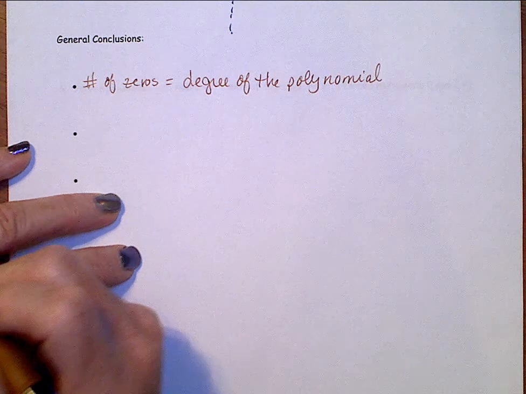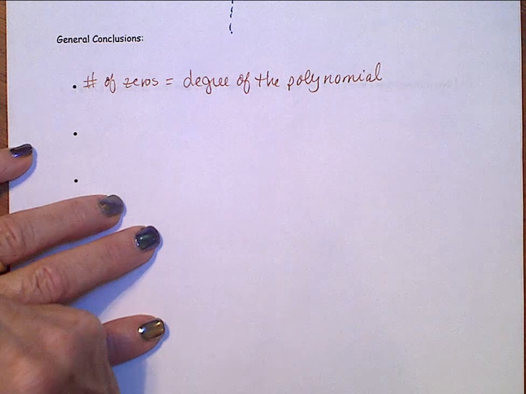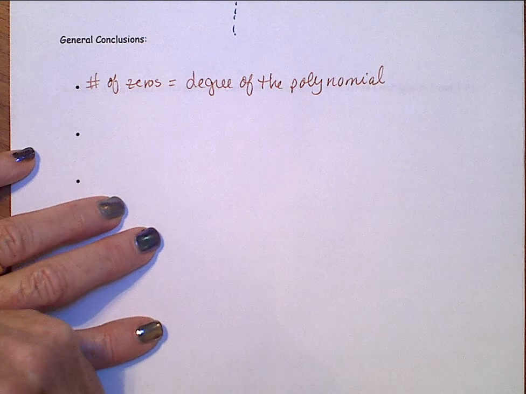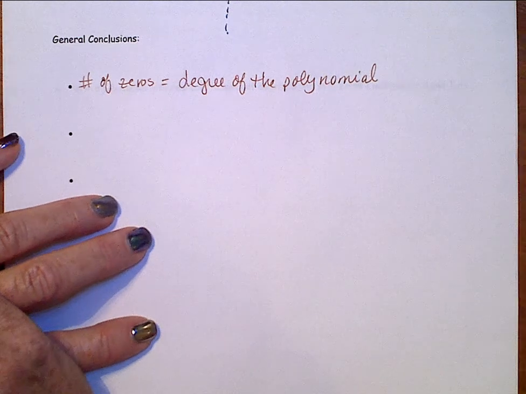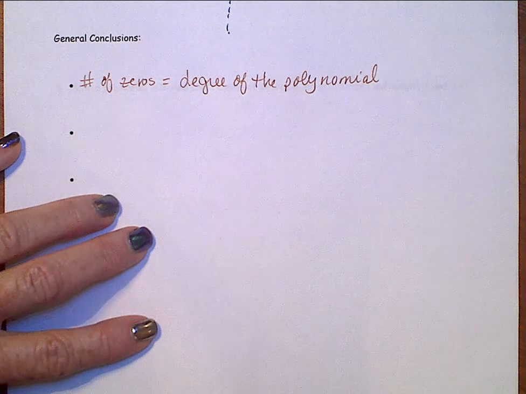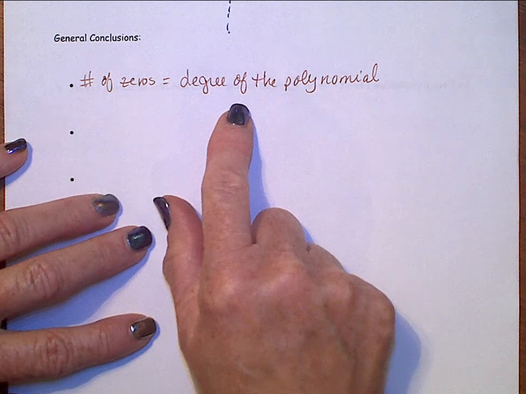So a degree 3 is going to have 3 zeros. Now, they could be 3 different zeros that all have a multiplicity of 1. That could be the same 0 that has a multiplicity of 3. So if we count the multiplicities, the number of zeros is the same as the degree of the polynomial.